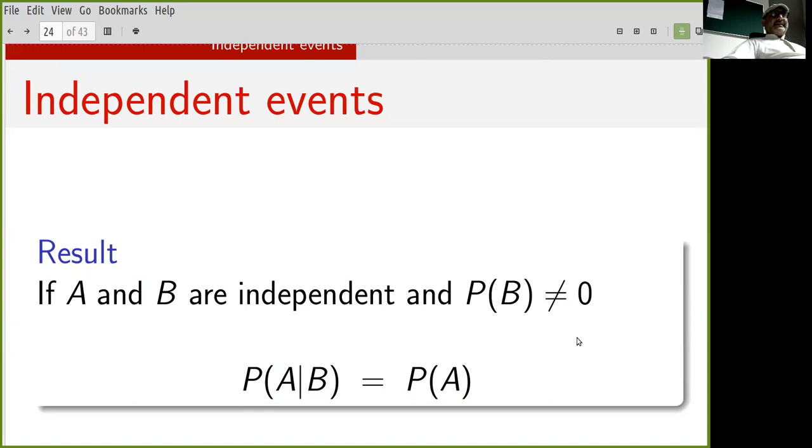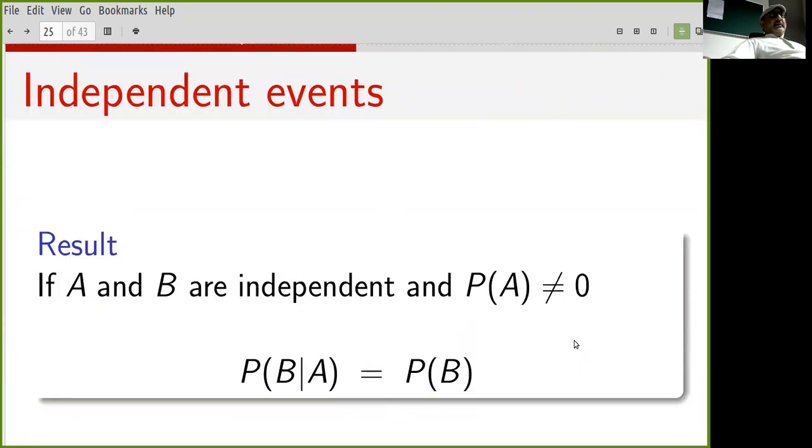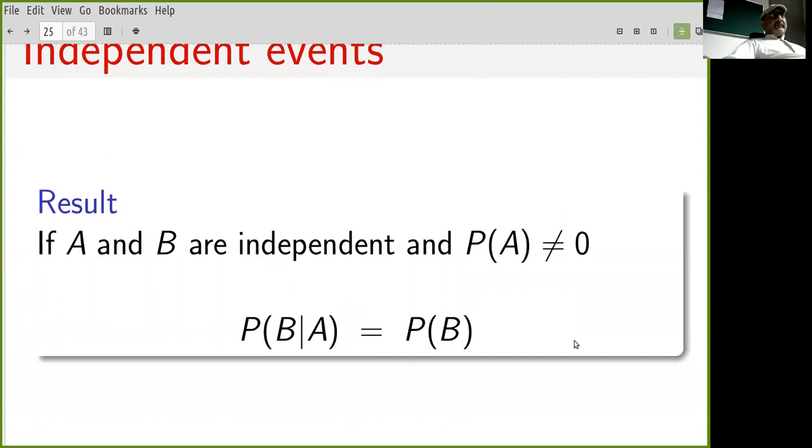So in the special case of A and B being independent events, the probability of A given B is just the probability of A. Similarly, another result would be that if A and B are independent and the probability of A is not equal to 0, then the probability of B given A is equal to the probability of B.